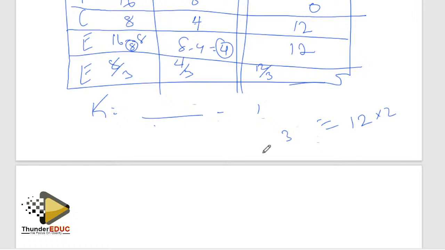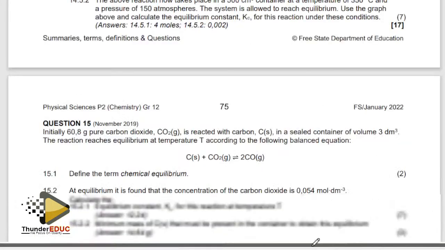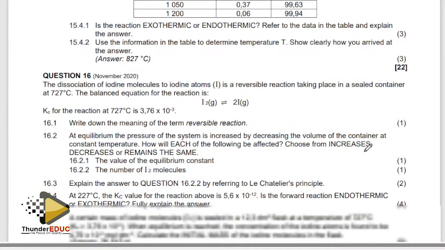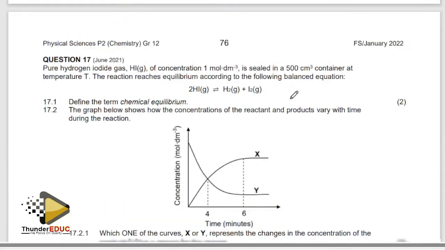Let's go to acids and bases, and then we conclude with the acids and bases.